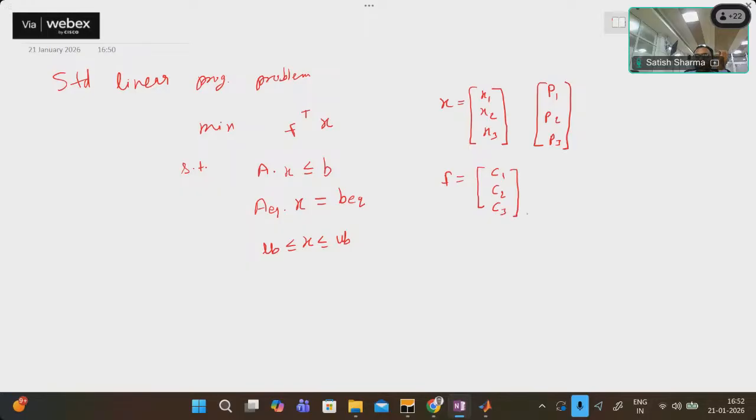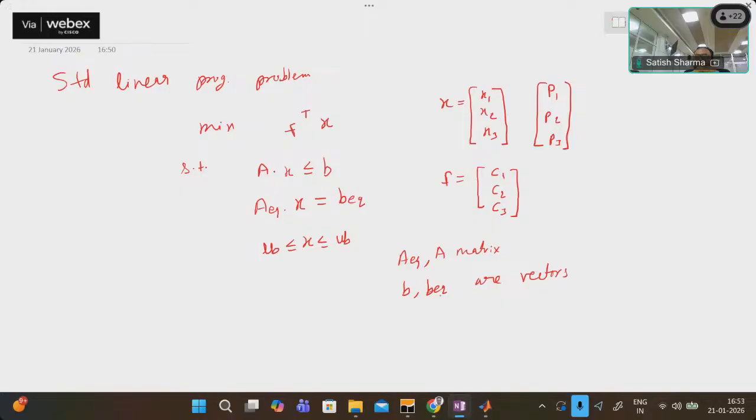A is a matrix which represents all the inequality constraints, and Aeq is also a matrix. B and Beq are vectors, and LB and UB are simply the lower bound and upper bound.